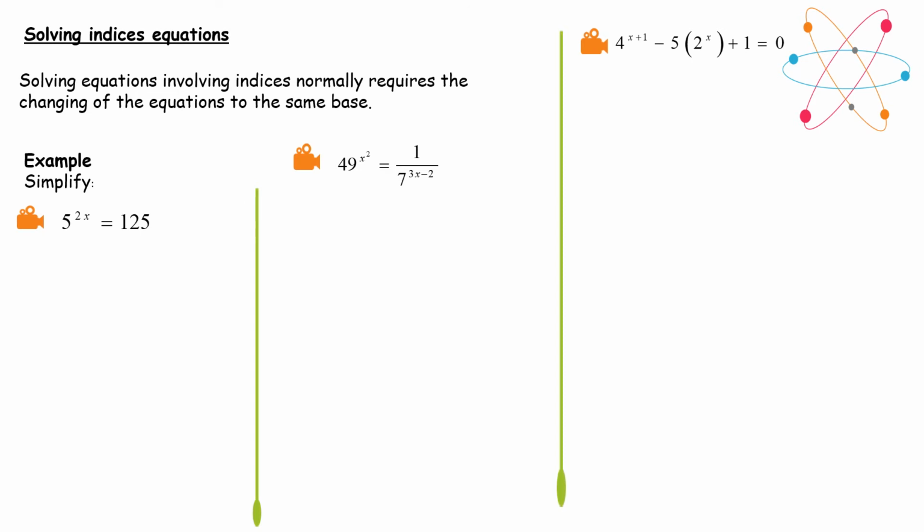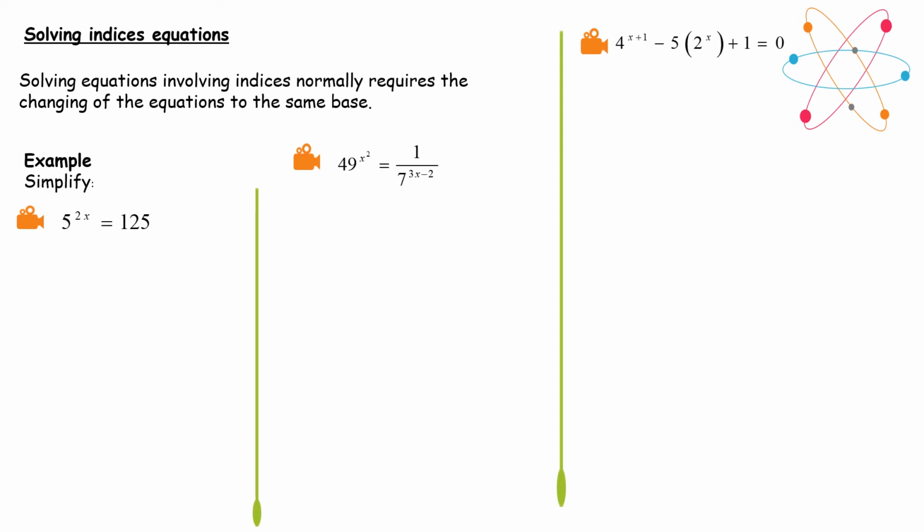Solving indices equations. Solving equations involving indices normally requires changing the equation to the same base. Example, simplify. 5 power of 2x equals 125. So, we have to change the base.